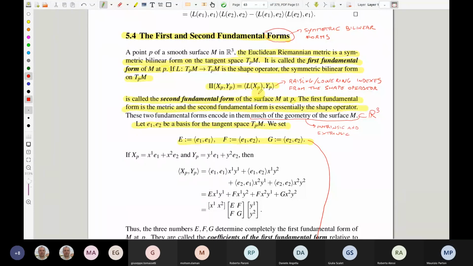And the first fundamental form, as I told you, is just the metric on the tangent space. And the second fundamental form is just the shape operator. Of course, since I want a bilinear map instead of an endomorphism, I need to lower the Riemann index.